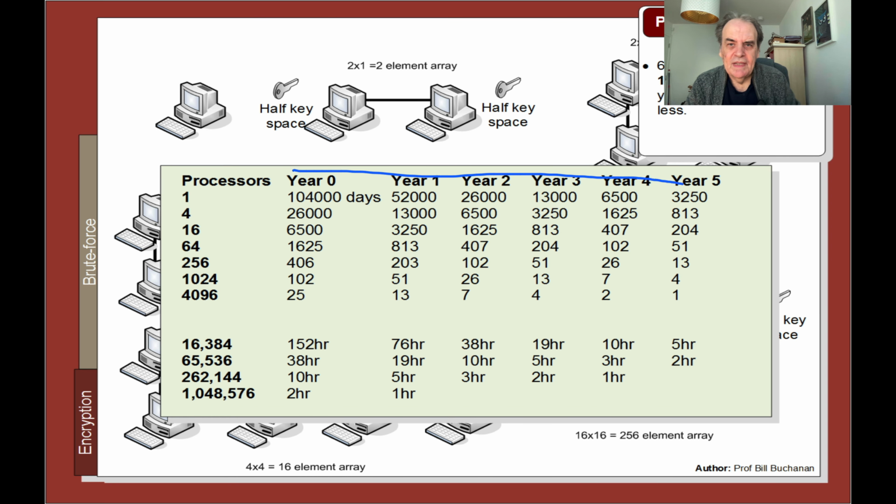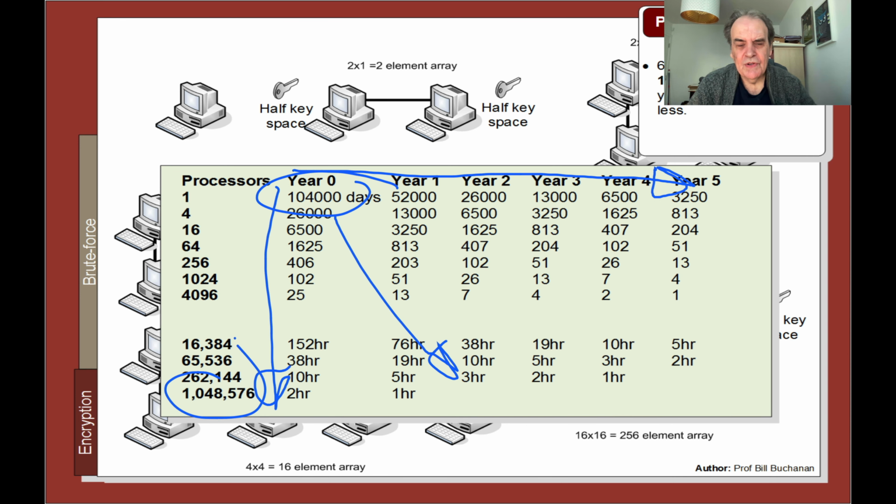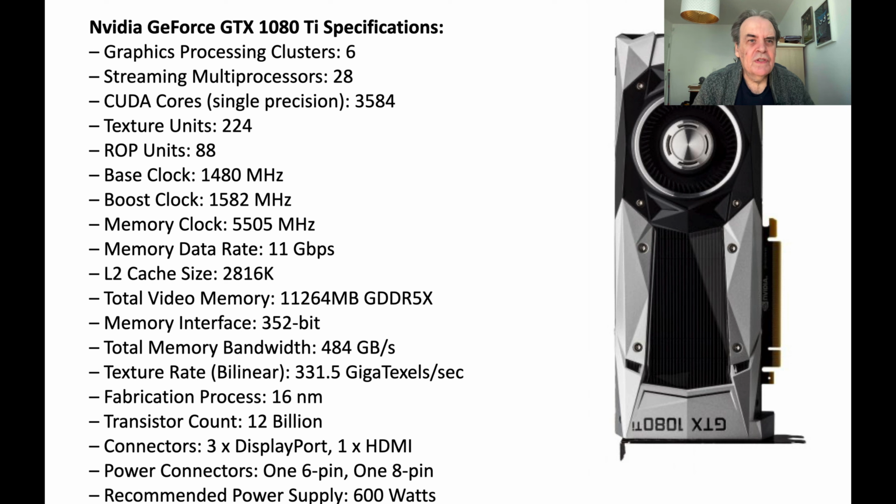So if we now look at it in terms of increasing computing power and with a number of cores, you can see that something that took a long time could be cracked within hours, given improvements in computing and improvements in the number of cores that we can have. So this is an example of a GPU, and it's possible for a GPU to implement hash cracking, encryption cracking, and so on.